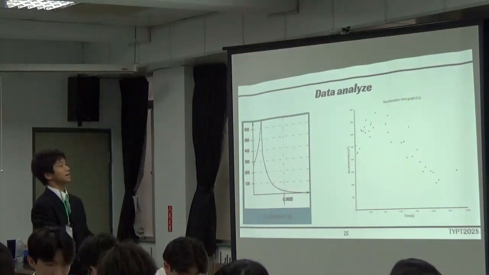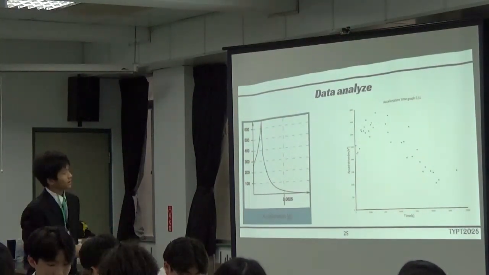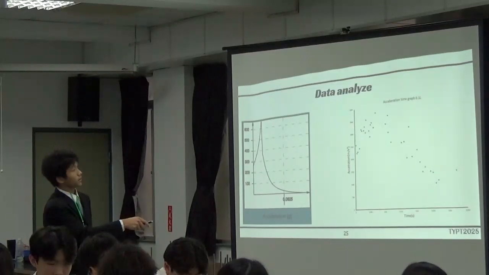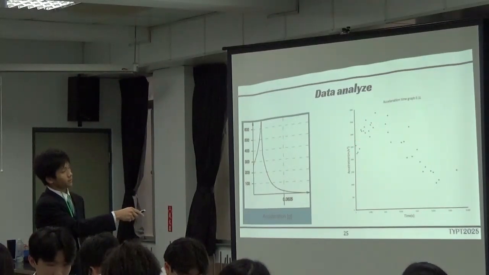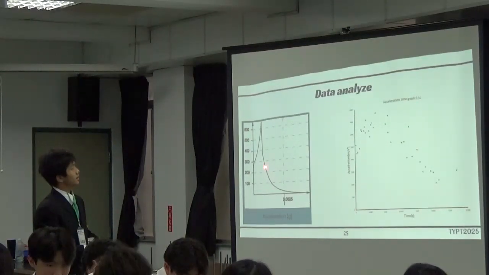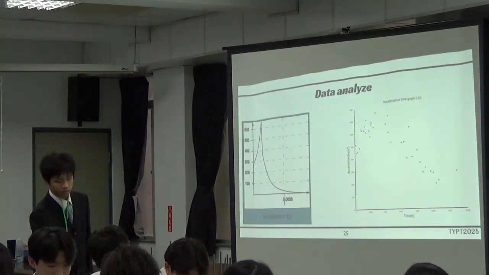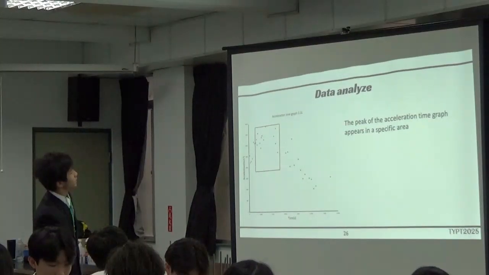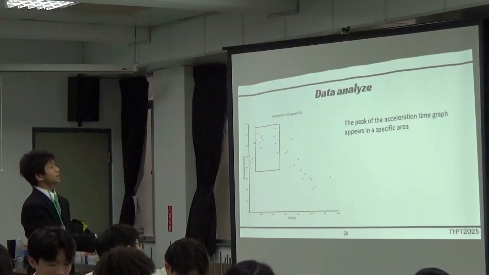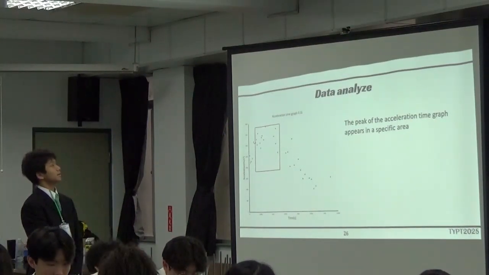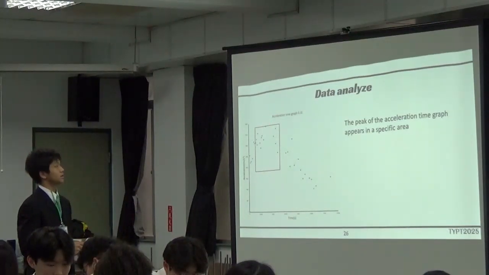This is data analyzing. You can see when the peak of my data appears, it's approximately the same time as the simulated acceleration. This is the peak of the acceleration chart.